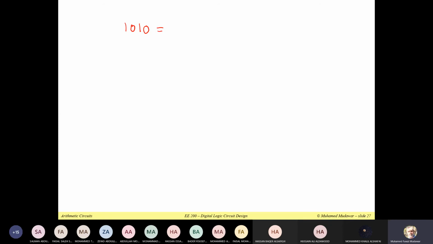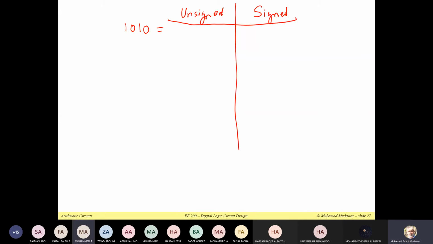So what is the decimal value of this unsigned number? 10. And this is signed. So what is the unsigned value of 1010? 10. Thank you.